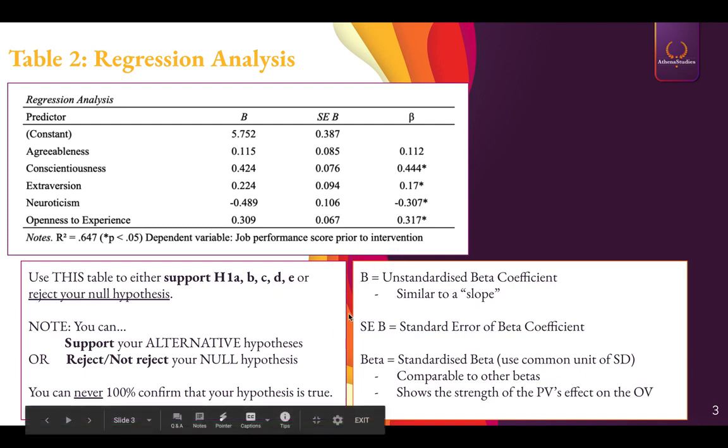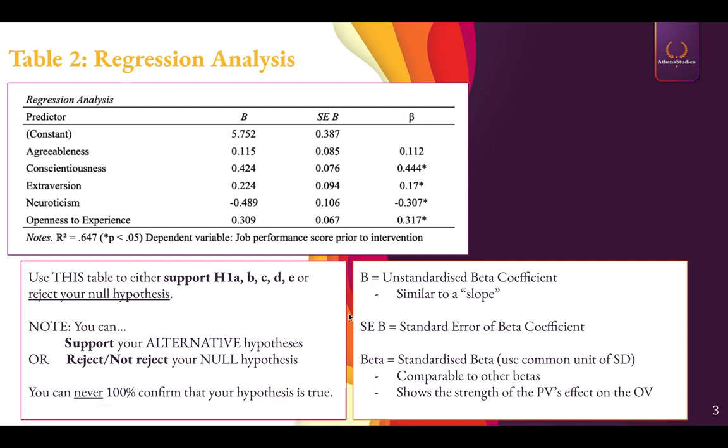And again, you can only support your alternative hypotheses, which are your H1 through E, or you can reject your null hypothesis, which is basically similar to saying that you find support for your other ones, or you can not reject your null hypothesis. And the null hypothesis in this case is saying that agreeableness does not have an effect on job performance, conscientiousness does not have an effect on job performance. Basically, there's no relationship. And so those are the only 2 ways that you should be writing your results section, saying, well, conscientiousness, we see that it's significant.